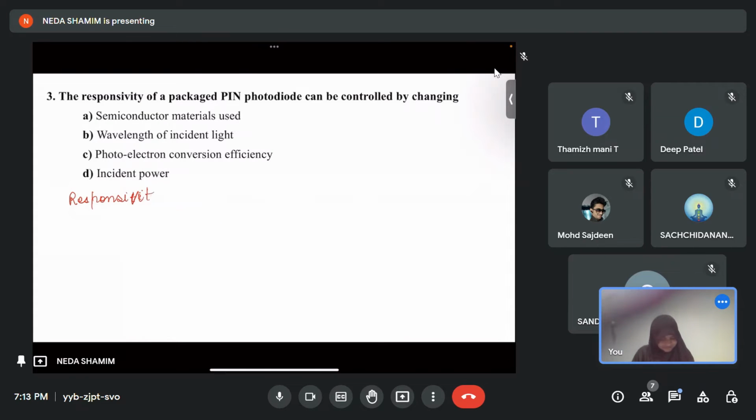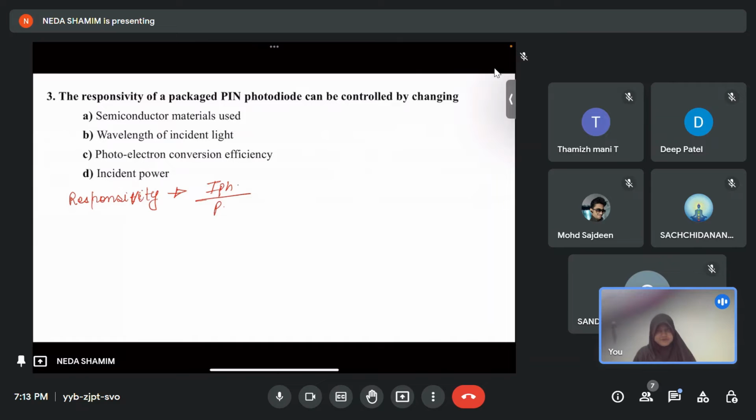Responsivity is defined as the ratio of the photocurrent that is produced to the optical power of the incident light. That is how you define responsivity.